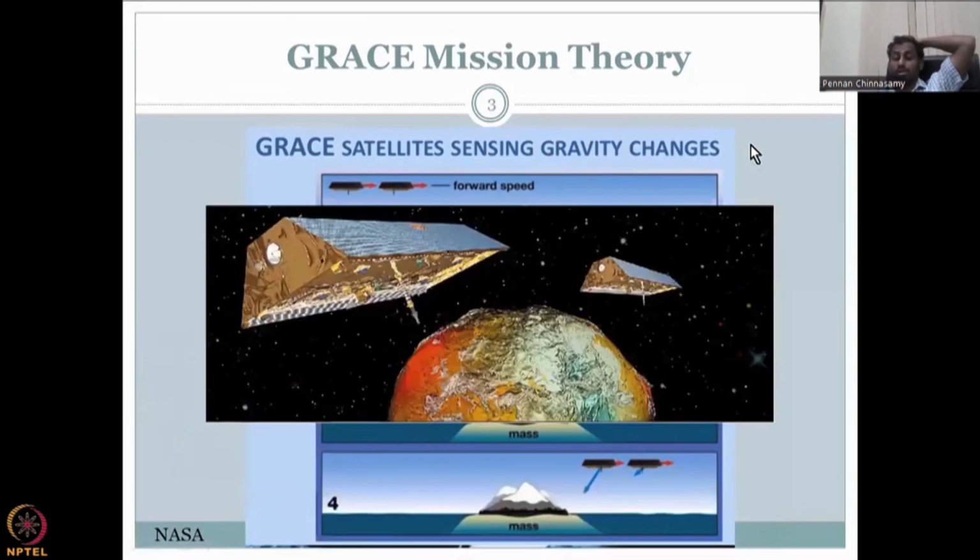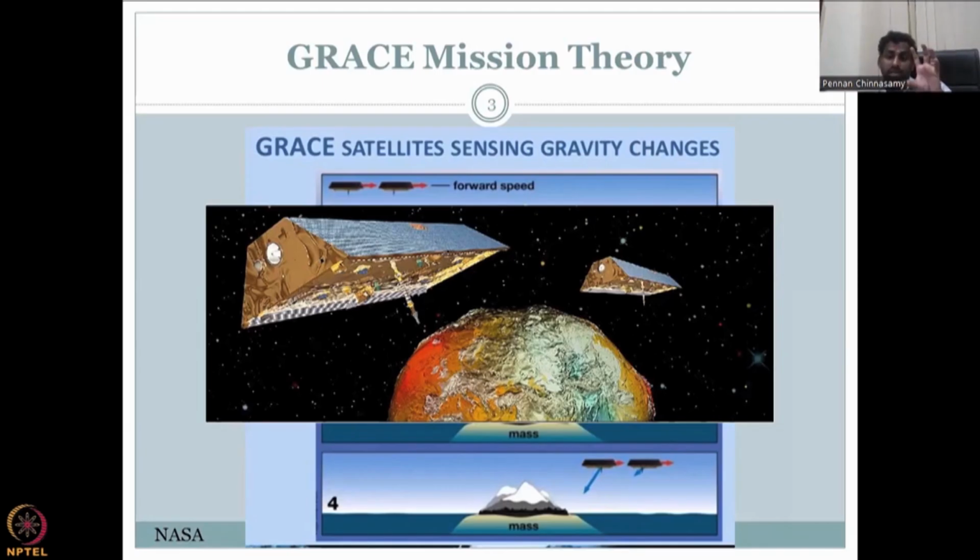Okay, so this is how the satellite looks at the planet. It does not have an optical sensor, where, like the other data we saw, it is taking hyperspectral images, different bands coming in for assessing the properties of land, properties of leaves, color, etc. Here it is purely the gravity.